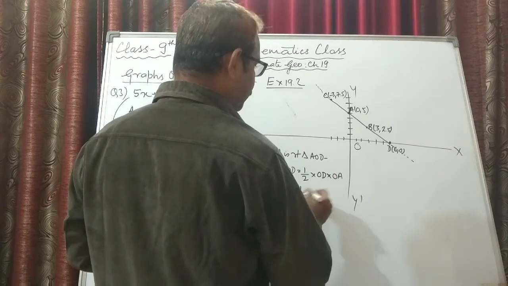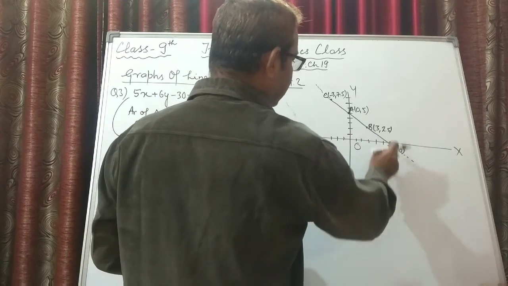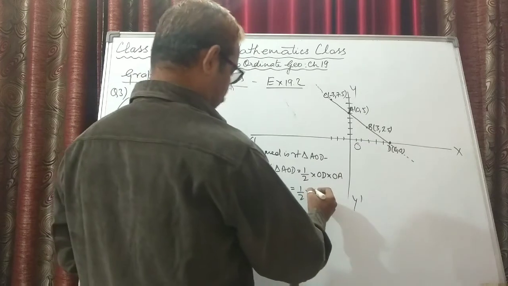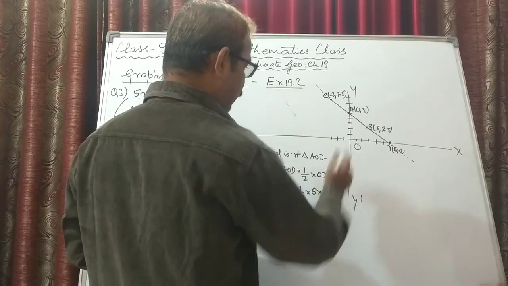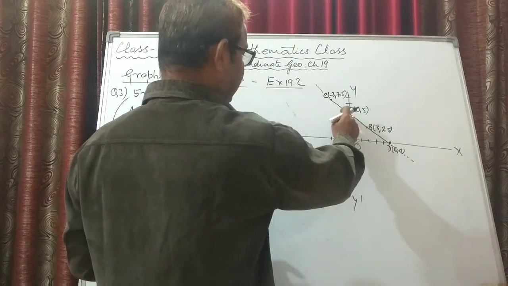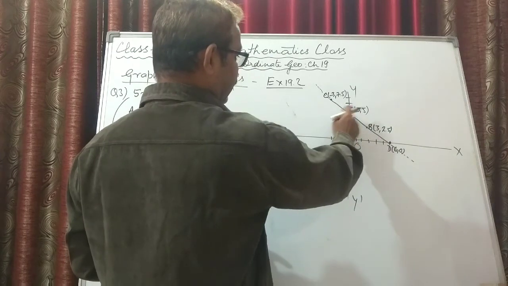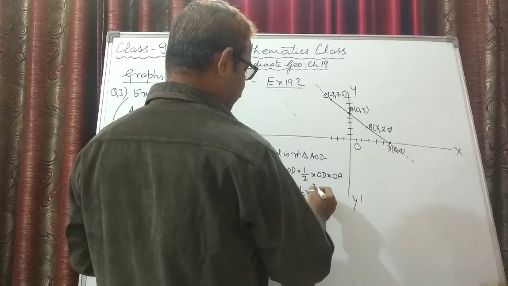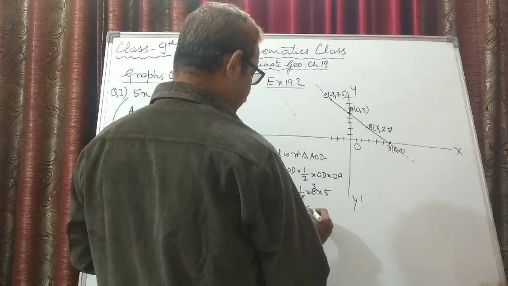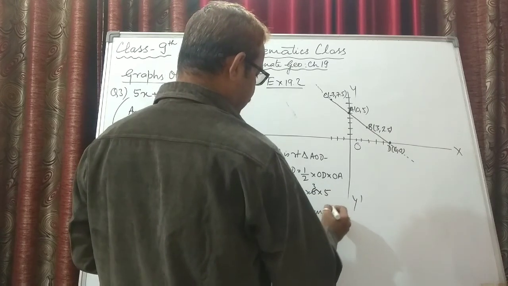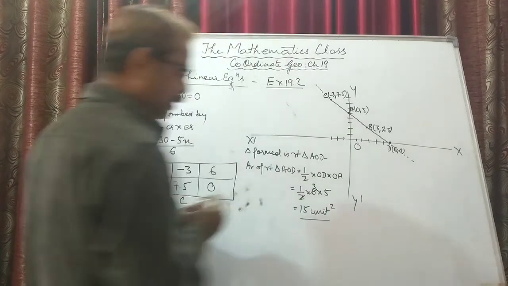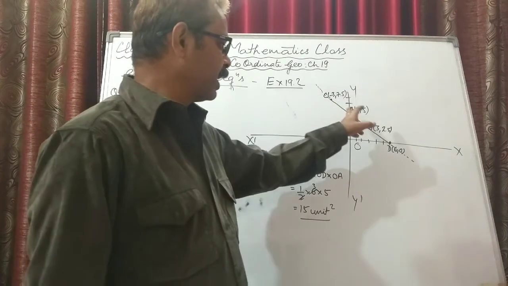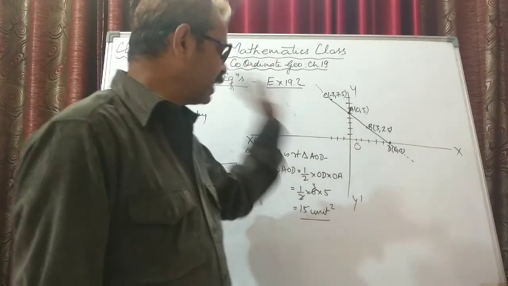Half into OD: D is 6, it means this total distance OD is 6 units, and OA, the height of point A, is 5 units. So half of 6 is 3, 3 times 5 is 15 unit square, the area of the triangle which is bounded by the line and the coordinate axes.